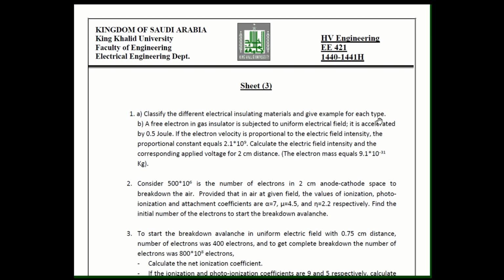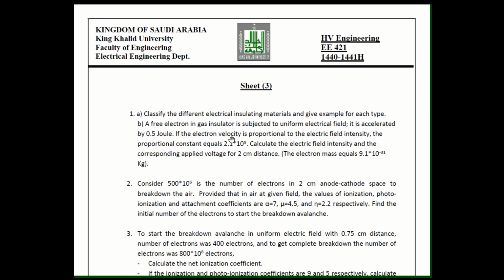So in the first part of the question, he wants us to classify the different electrical insulating materials. In the second part, he says: a free electron in a gas insulator is subjected to a uniform electrical field. It is accelerated by 0.5 joule.